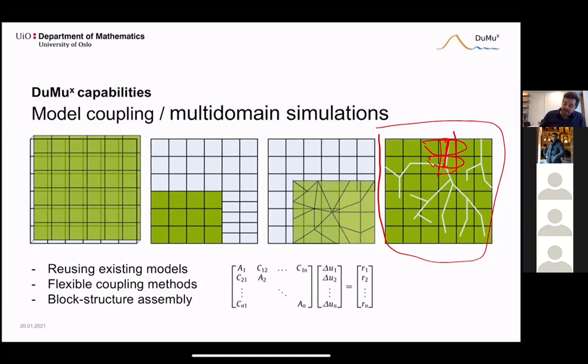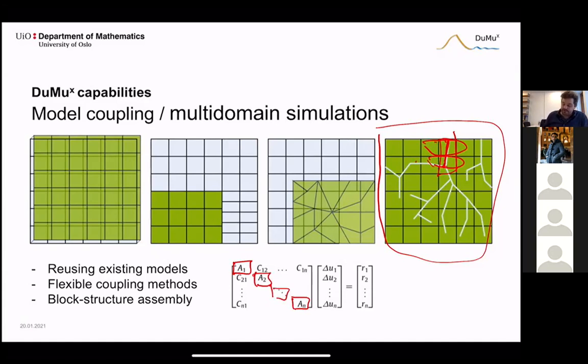And then it also allows you to assemble the full coupled Jacobian matrix for this coupled system in this block kind of structure. So you would assemble your system for the individual domains on the diagonal. And then on each of these off-diagonal blocks, you actually have the terms related to couplings between these domains.